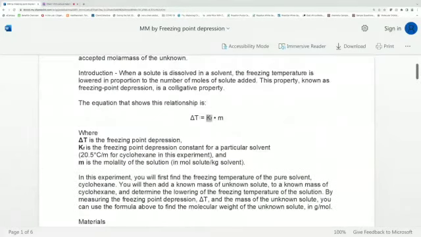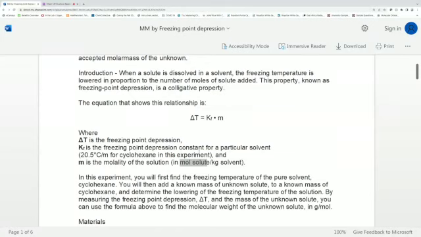So delta T, this part here, comes from the two graphs I showed you. Kf is given to us, and then we're going to be using that to find molality. Once we find molality, which is the moles of solute over a kilogram of solvent, we can use this information to eventually find grams over moles of solute.